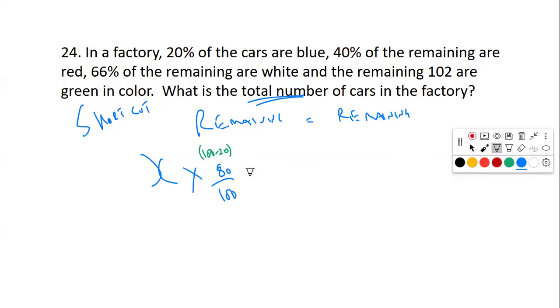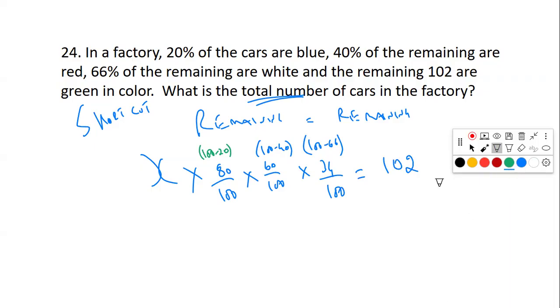Again, multiply it by 40% of the remaining: 100 minus 40, I am writing 60%. Whatever percentage is given, I am just subtracting, 100 minus 66. How much will I get? 34. I am working on the remaining cars. It is equal to, what is the remaining in number? 1 or 2.